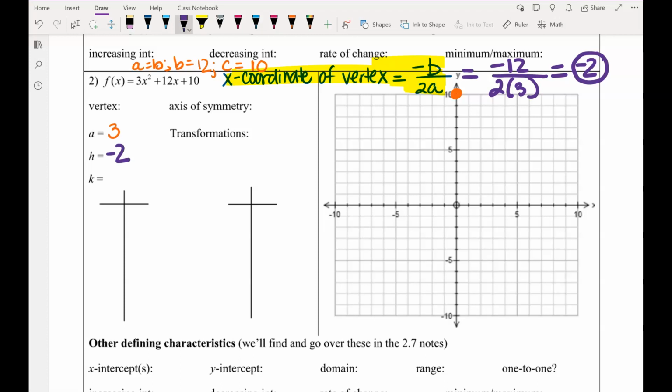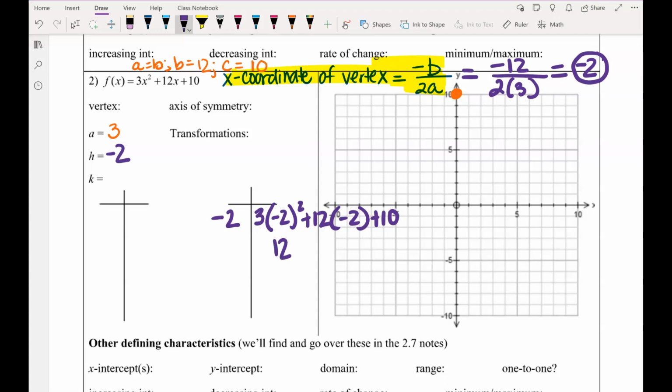Well, how do we get K? Plug it in. Yep. Let's go and plug it in. When H is negative 2, plug it back into the original: 3 times quantity of negative 2 squared plus 12 times negative 2 plus 10. Well, negative 2 squared is what? 4. 4 times 3 is?